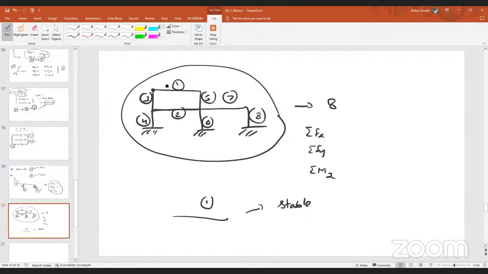If it is not satisfying the equilibrium equations, then it will not be a stable structure. So here either I can take a single part or single component, or I can take half of the part. That should satisfy the equilibrium equations. Why? Because it should also be stable. Any doubt regarding the application of the equilibrium equations?